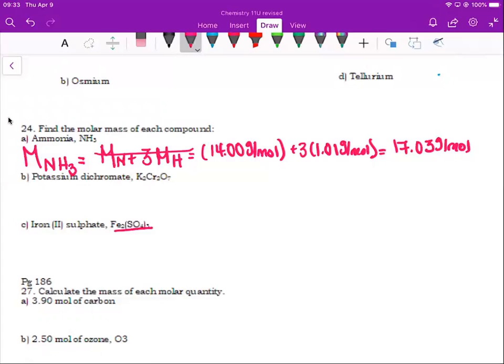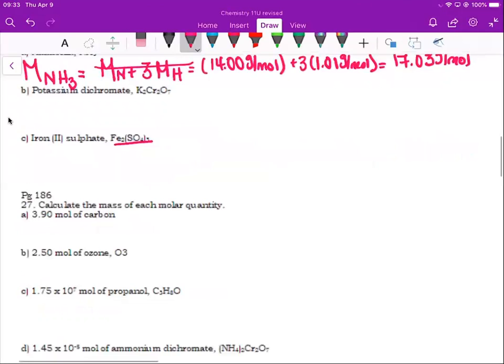Well, ammonia is a molecule. You can figure out how many atoms of nitrogen and atoms of hydrogen you have just by multiplying that. But in terms of mass, you would put 17.03 grams in your electronic balance, and you know that you have a mole.